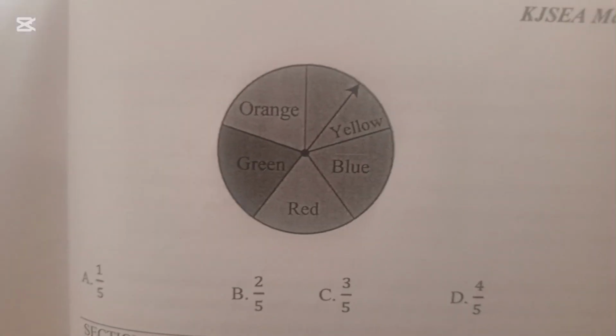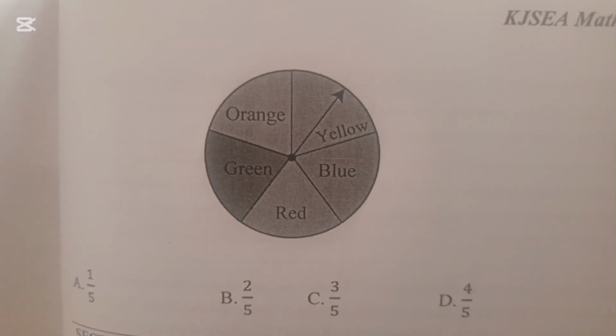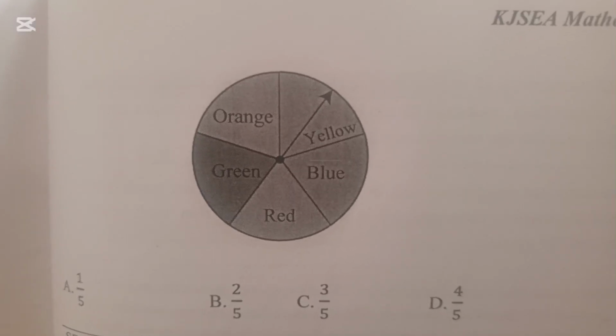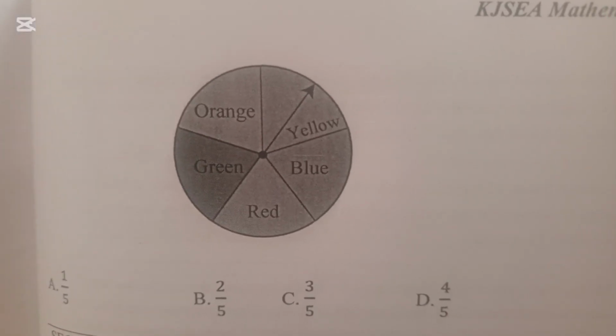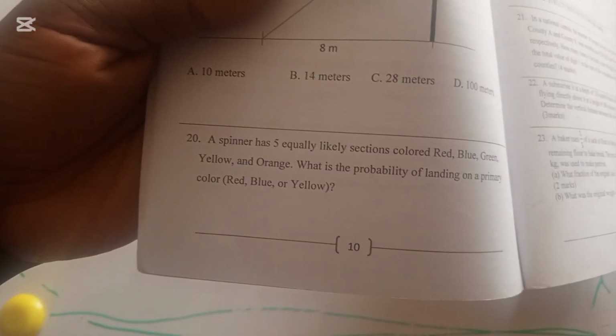So if you have this spanner, you have red, green, orange, green, red, blue, and yellow. We are going to spin this, and you can see you have an arrow. If you spin it, you are asked, what is the probability that the arrow will land on either red, blue, or yellow? So this is how you handle it.